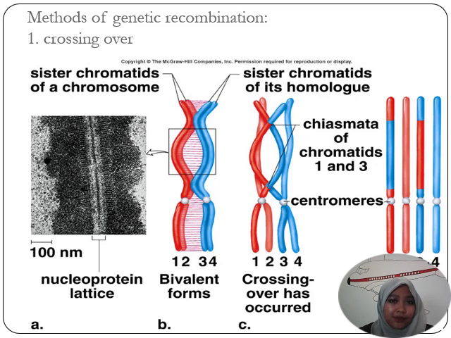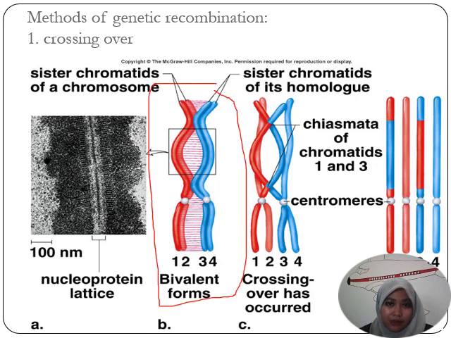Methods for genetic recombination. Number 1, we have crossing over. Crossing over occurs between homologous chromosomes. For example, here we have chromosome number 1 and also number 1. They cannot cross over between chromosome number 1 and number 5.